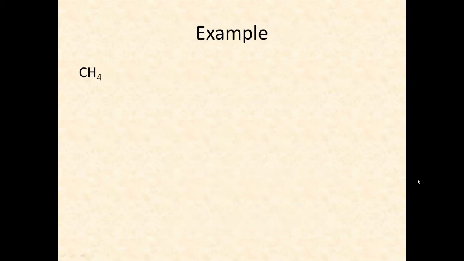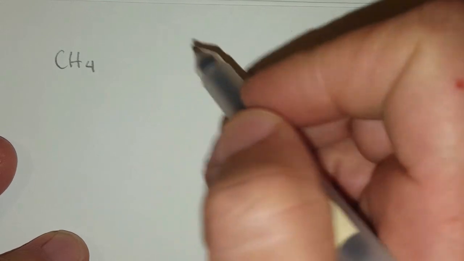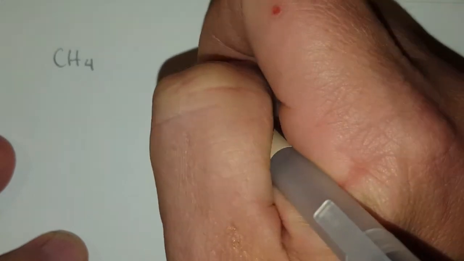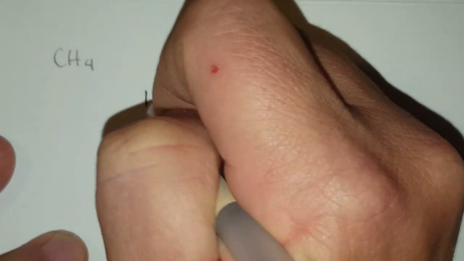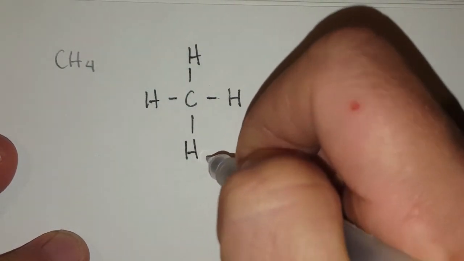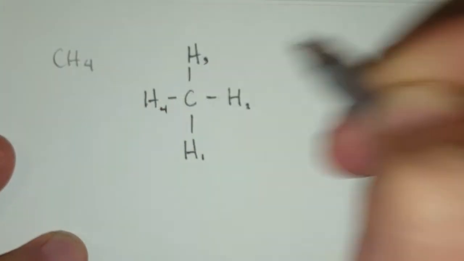So let's take a look at a couple of examples where we can apply this idea. The first example is a fairly simple one, CH4. The first thing we need is a Lewis structure. For keeping track, I'm just going to number my hydrogens.